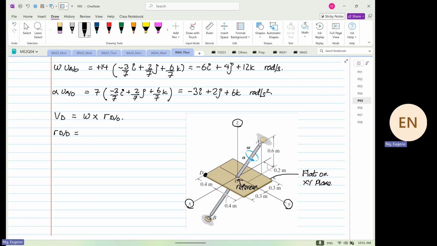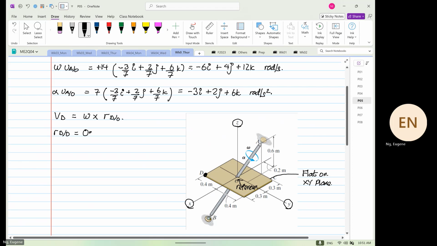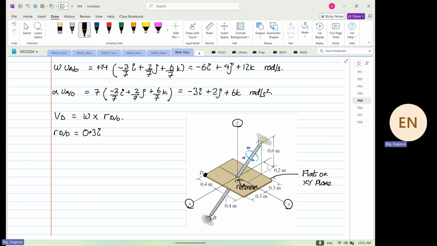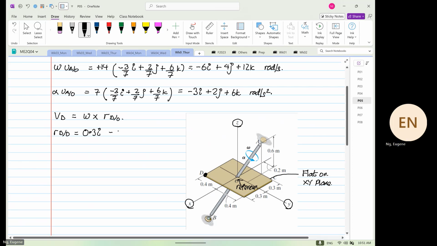So in terms of I, it will be positive 0.3I. Then in terms of Y, it's negative 0.4J. Now, why is I positive?